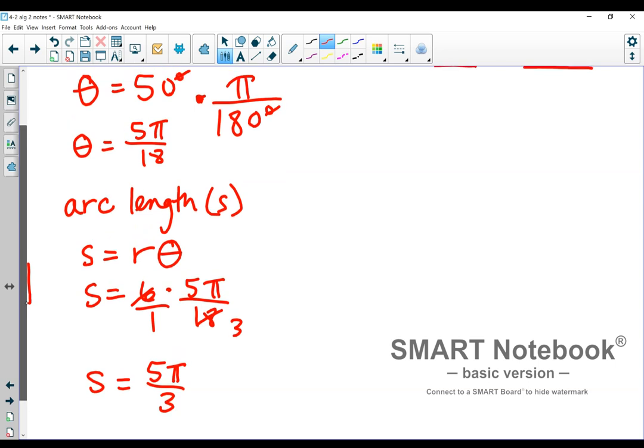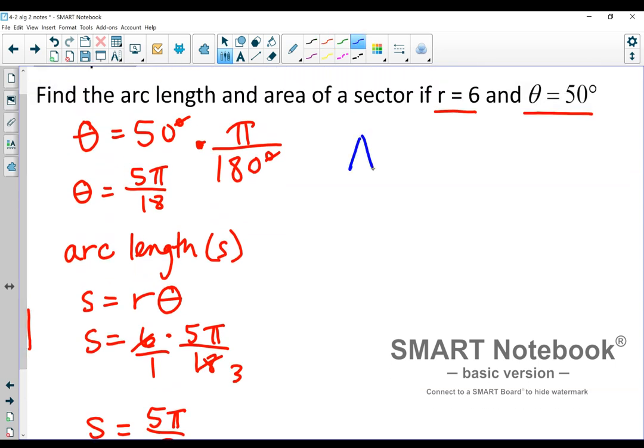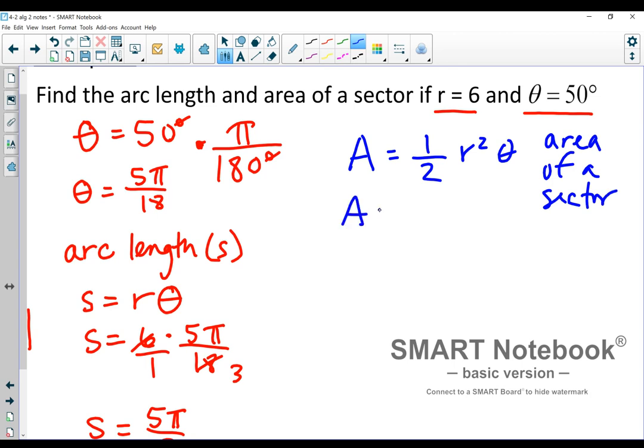And then for the area of my sector, I'm going to use the letter A. And that formula is 1/2 r squared theta. And this is for area of a sector. I'm sorry, these notes are really long. There's just a lot of information today. So A equals 1/2. My radius in the original problem is 6, so 6 squared, and then times theta, and theta is 5 pi over 18. It's that angle in radians again.